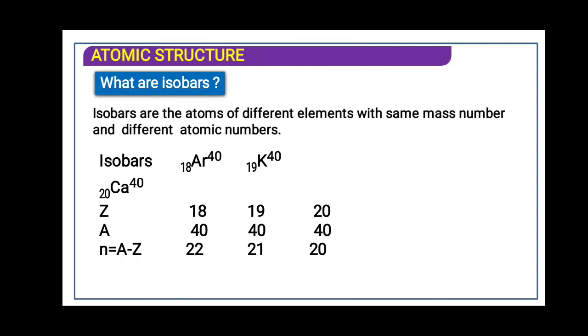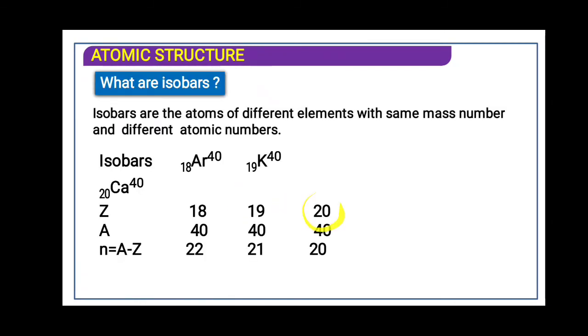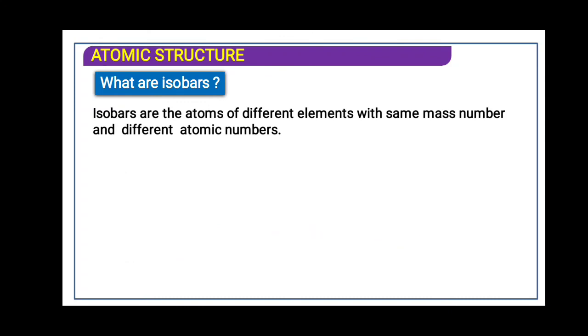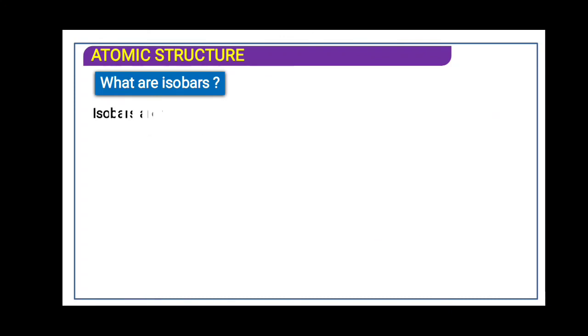Atomic number 18 means Z is equal to 18; 19 in the subscript, so atomic number 19; and 20 for calcium. The mass number is given as 40, 40 and 40.